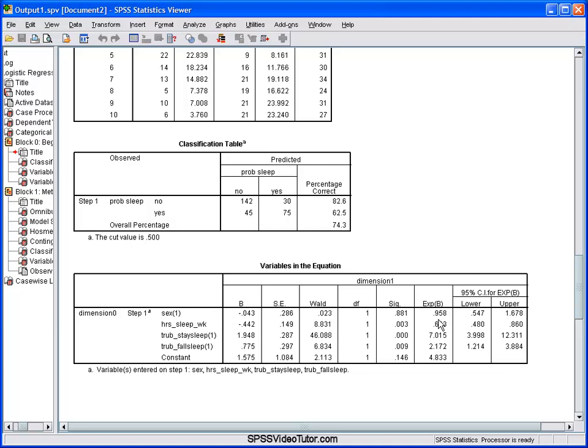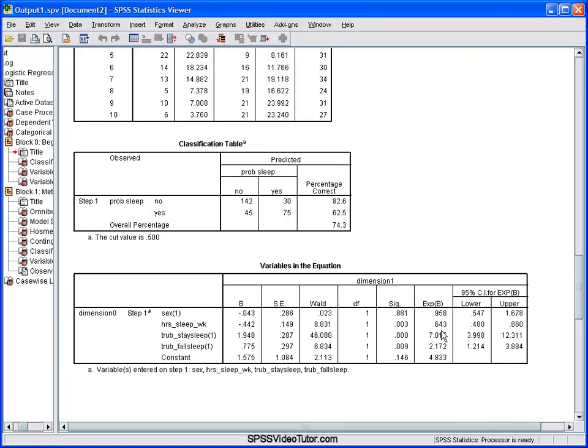Now scores between 0 and 1 indicate an inverse relationship between the dependent variable and the predictor or independent variable. Okay, so think in terms of less likely. All right, scores above 1 indicate that there is a positive relationship between the predictor and the outcome variable. All right, so think in terms of more likely.